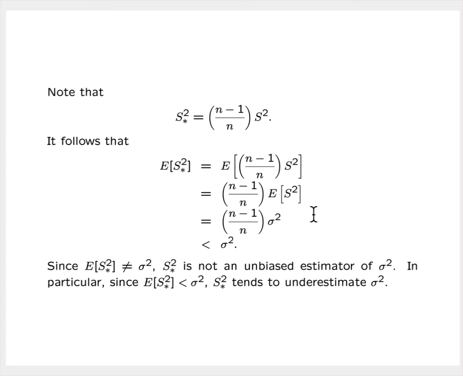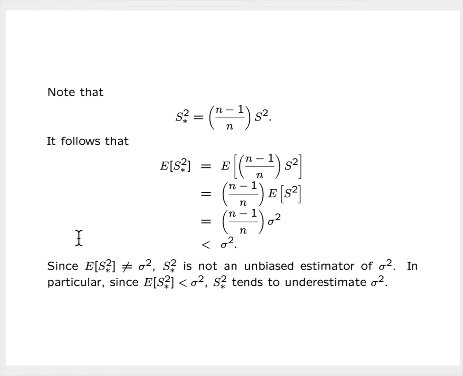By the linearity property of the expectation operator, we can pull the n minus 1 over n out. You'll recall from what we just did that the expected value of S squared is sigma squared. And so we see here that because n minus 1 over n is strictly less than 1, the expected value of S star squared is strictly less than sigma squared. In other words, the mean of the sampling distribution of S star squared is something less than sigma squared.